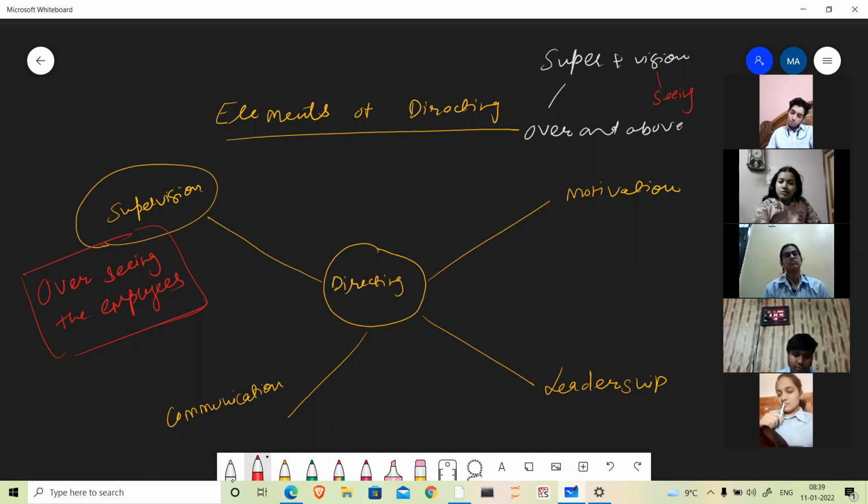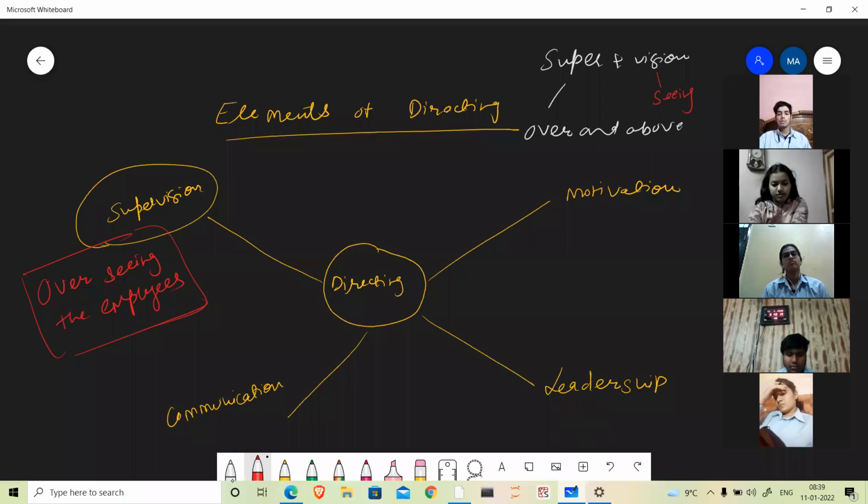If the supervisor is not overseeing them, then those mistakes, those problems cannot be rectified during the task. So at the end of the day, when the target is not achieved, only then will the supervisor come to know that the workers have not performed the task because of some mistakes, errors or problems.